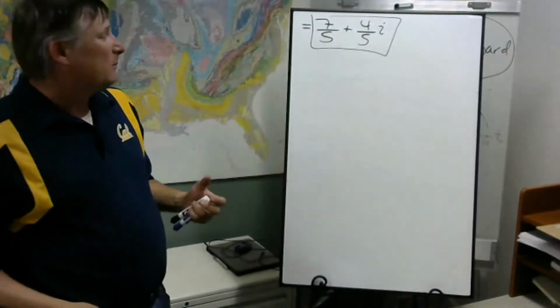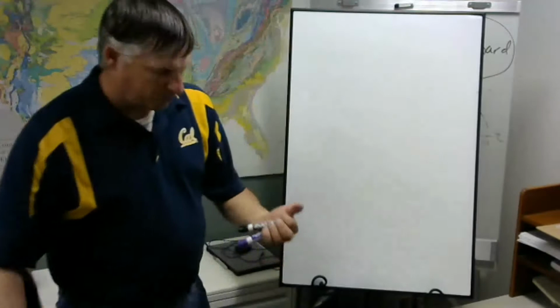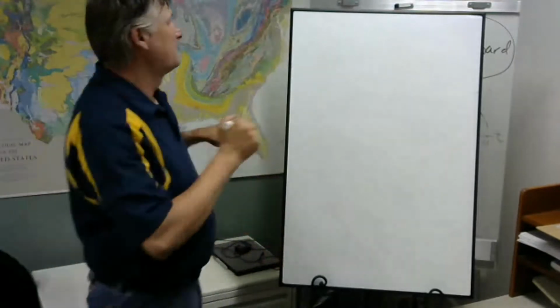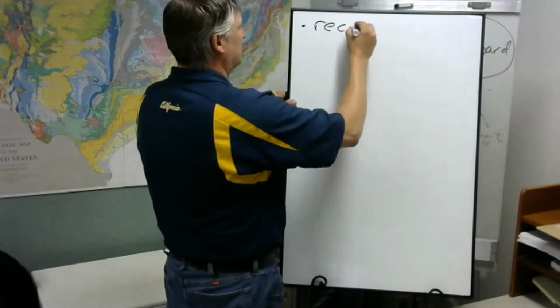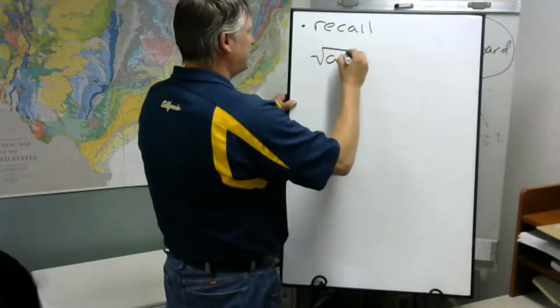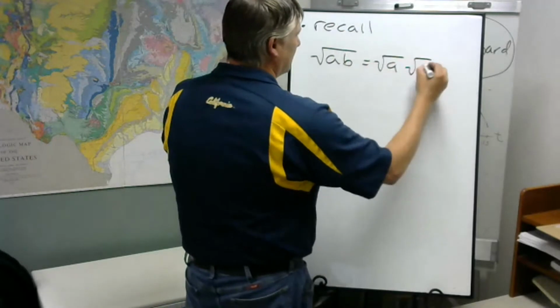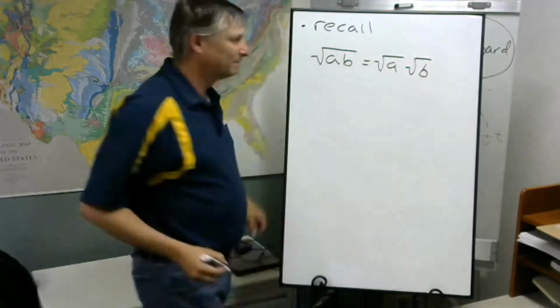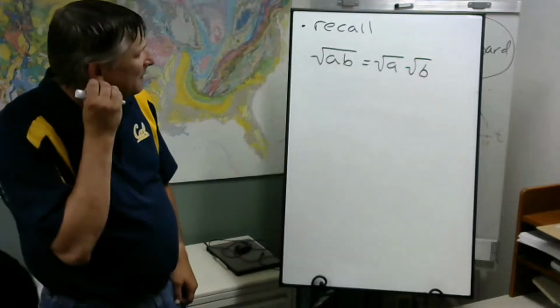So something to be aware of, and you mentioned this in the text, you might recall the square roots. The square root of a times b is the square root of a times the square root of b. And this is true of all other roots.